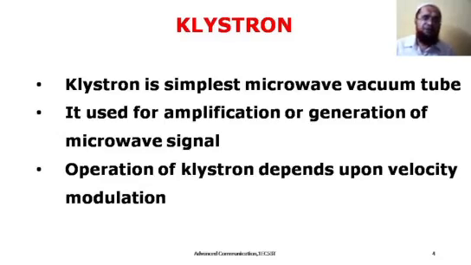We know what velocity is. Velocity is the rate of change of speed. Rate of change of speed is called the velocity. Means for different times we are expecting different speeds.